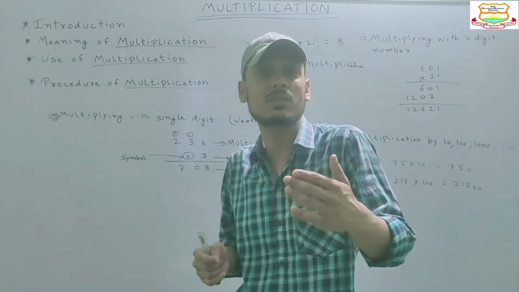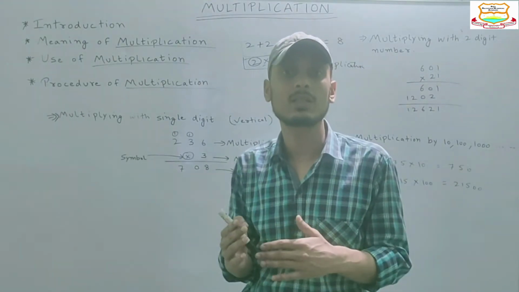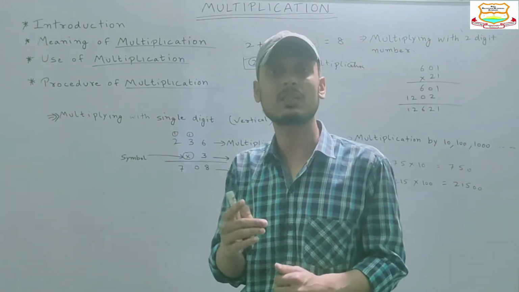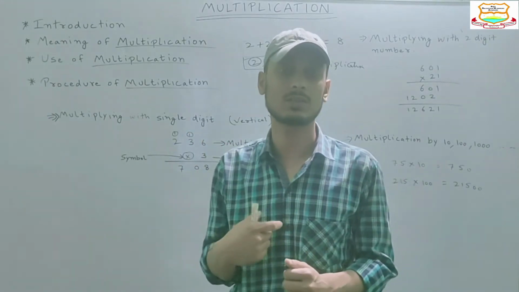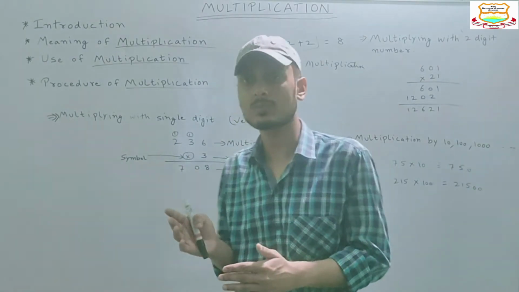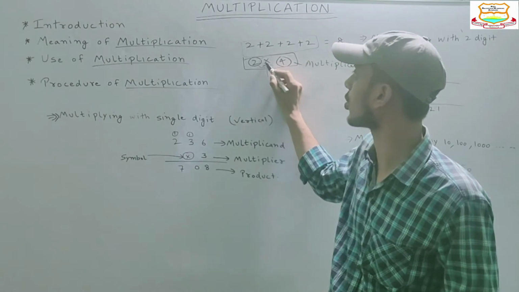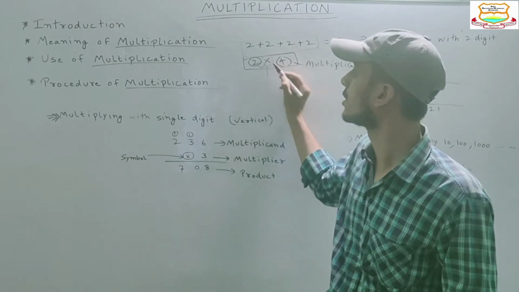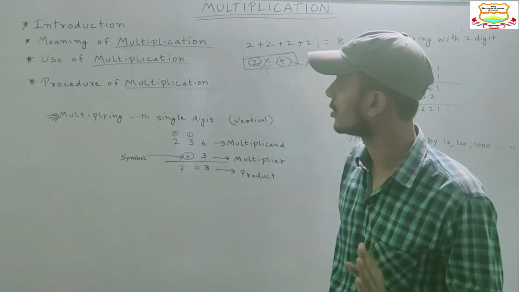If a digit is being added again and again, then we can represent that addition in the form of multiplication. Only the form changes, the result is the same. This is the symbol of multiplication. This cross, X, is the symbol of multiplication. Got it? Okay.